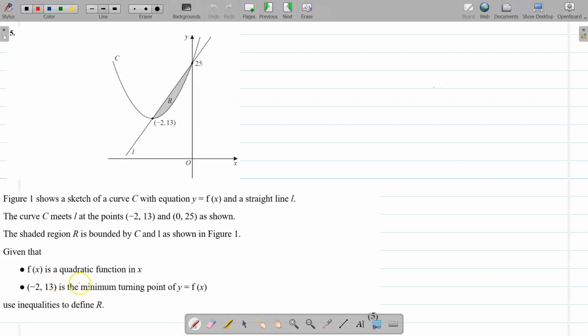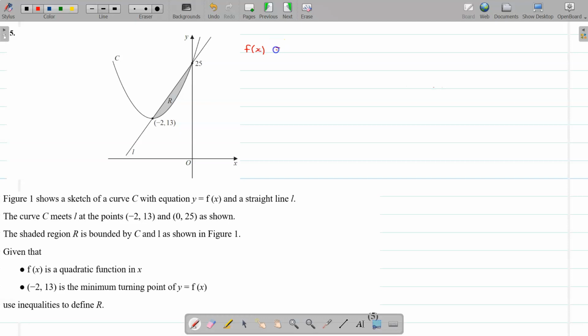Okay, but that isn't going to help you in this case, because you'll find that you won't get the constant crossing at 25, because the general form of this will be ax squared plus bx plus c. So this is what I would do for this question. I would say let f of x equal ax squared plus bx plus c, so I'm making a general quadratic.